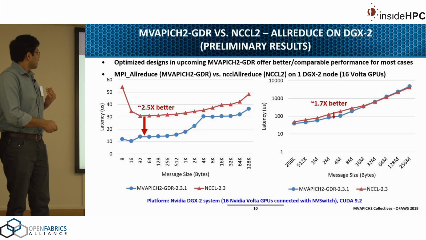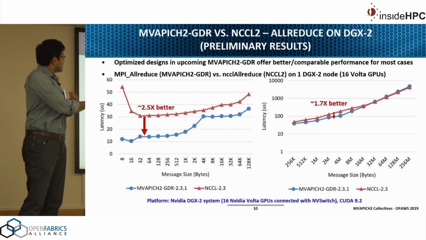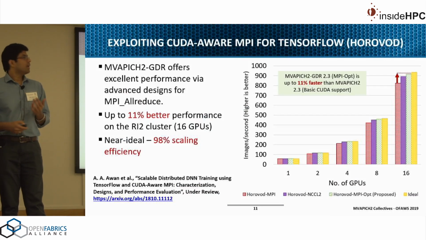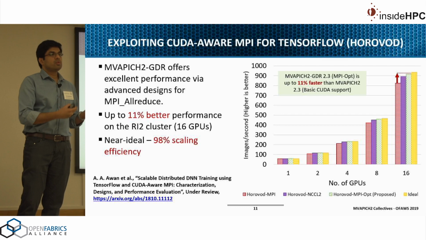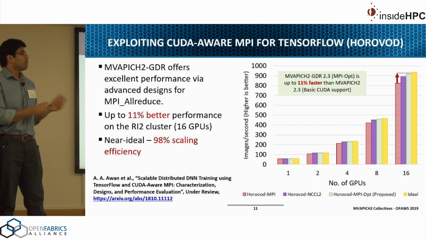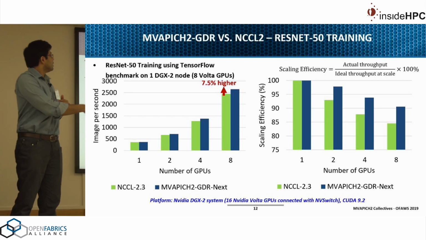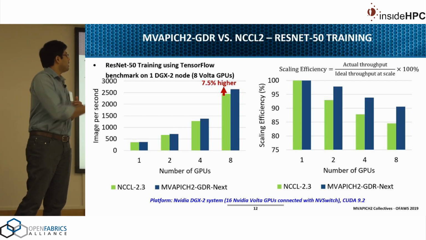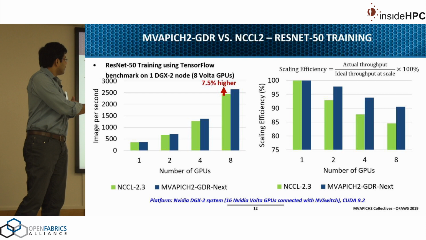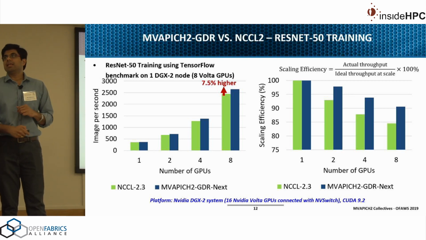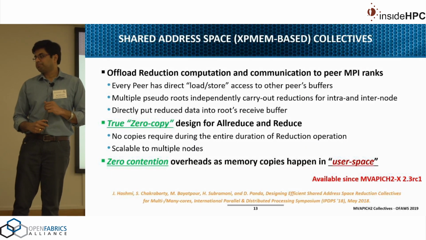So going back, what I would like to stress is that yes, NCCL 2 is fantastic, but there are a lot more things that NCCL 2 doesn't do, which are required for your deep learning applications to scale. That is where our proposed solutions come into play. This is the same solution for a different model called ResNet-50, and we are able to show significantly better performance when you compare to the NCCL 2.3 solutions.